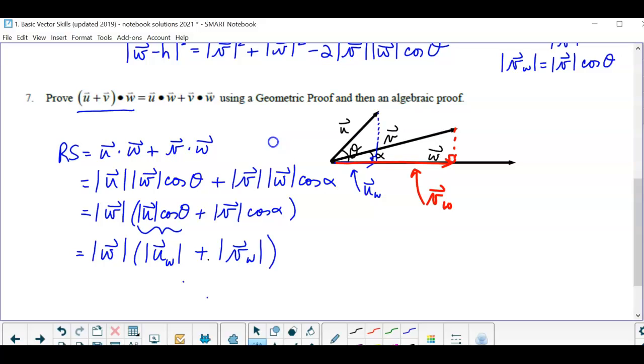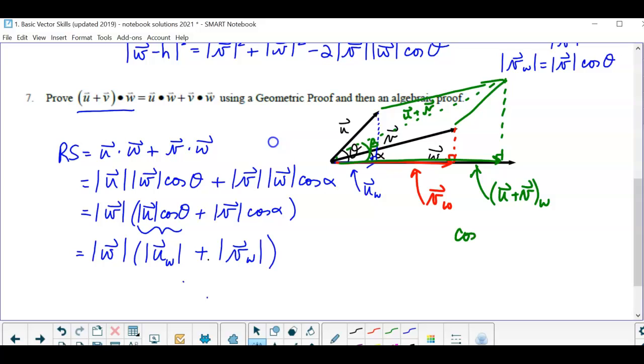So if we add U and V, here, if I send that up here, then this vector here is U plus V. If I bring that down, then this whole vector underneath, this green one here, will be U plus V projected onto W. And let's call the angle in between that another theta.